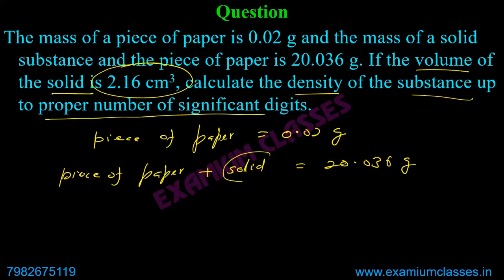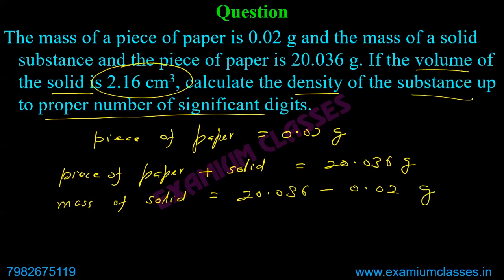So the solid substance mass you can get from these two. Mass of solid will be 20.036 minus mass of paper 0.02. Easy. Only paper weighs this much, paper plus solid this much.